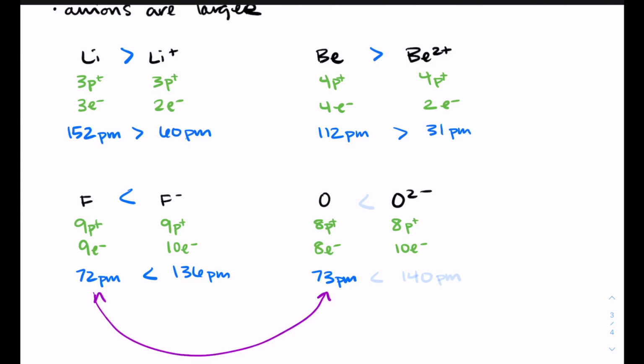But lithium and beryllium are in the same row. Lithium is 152 picometers at the beginning of the row with only 3 protons and 3 electrons. Fluorine with 9 protons, 9 electrons at the end of the row is 72 picometers. So you can see it is a distinct difference in atomic size in this trend.